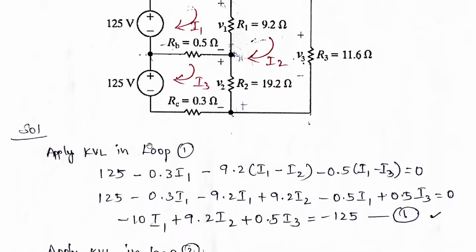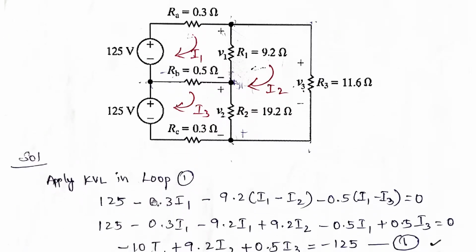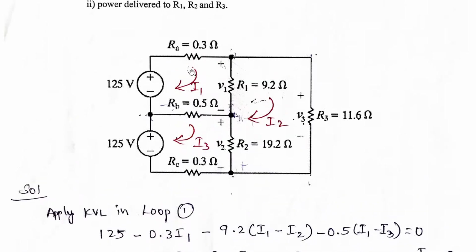Applying the KVL in loop 1. In loop 1, if you are applying the KVL, it is 125 minus, because the current is coming like this, so going from minus to plus is a rise. So rise is positive, so I am taking 125, minus, here it is a drop. I am considering this as a drop. Drop is negative, so minus 0.3 into I1. Next, minus again drop, minus 9.2 into I1 minus I2.